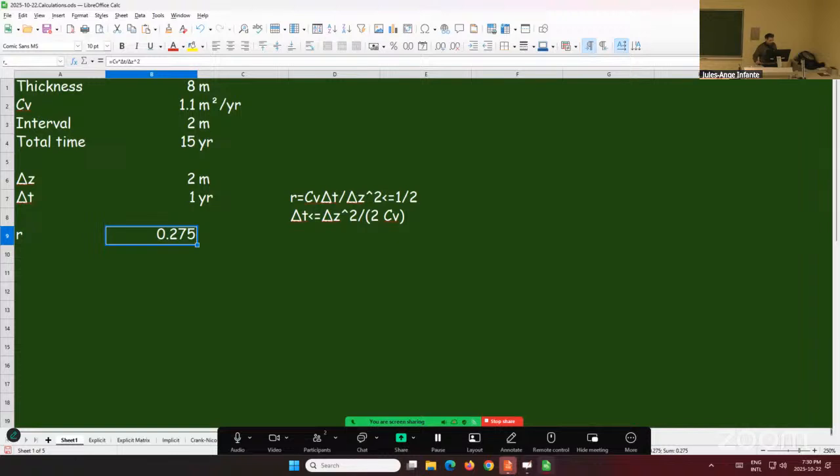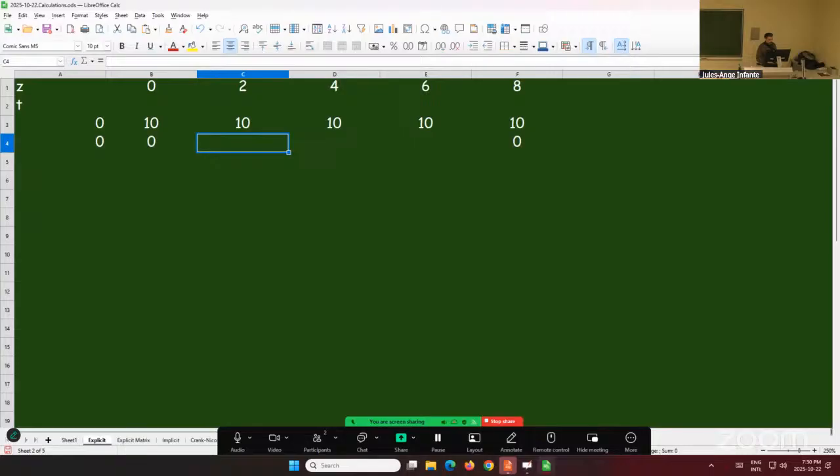Okay, so we come here and we say it's equal to R times from the previous step. At the previous step, because it's explicit. Sorry, I'm starting here. So at time 0, I have 10 everywhere except at the edges.